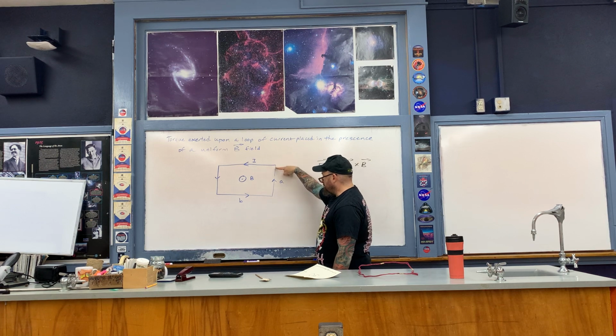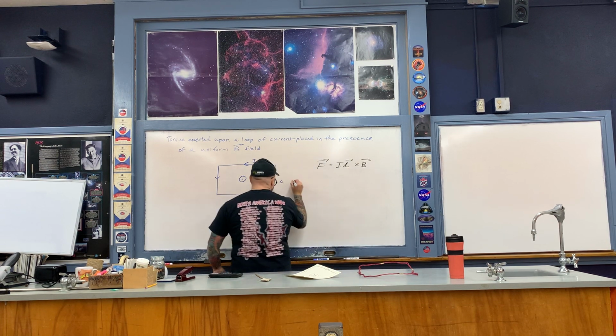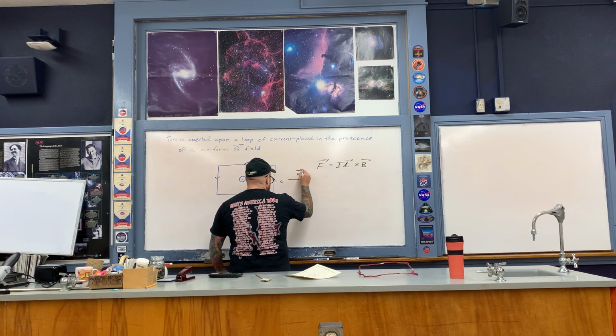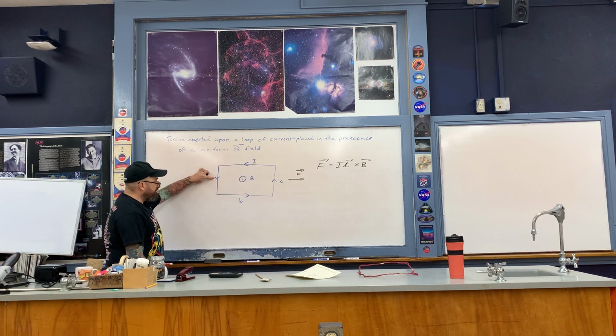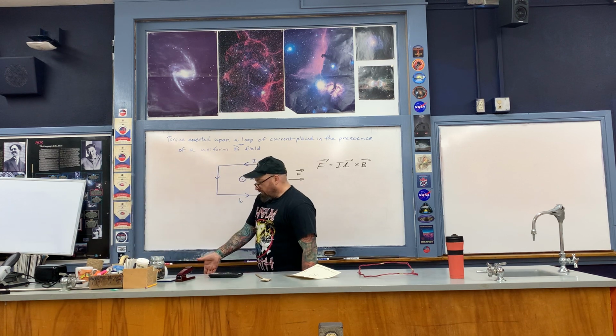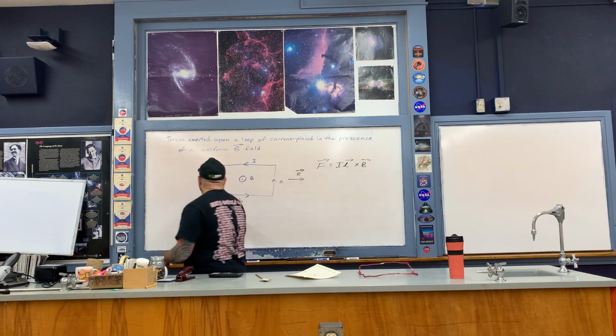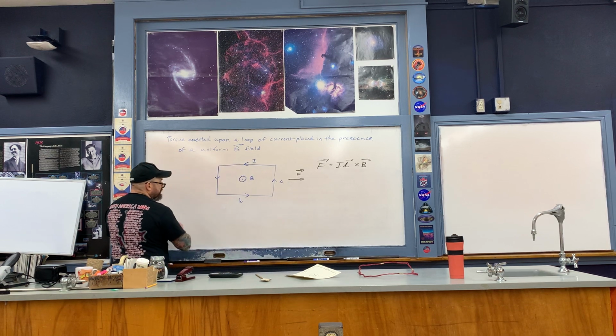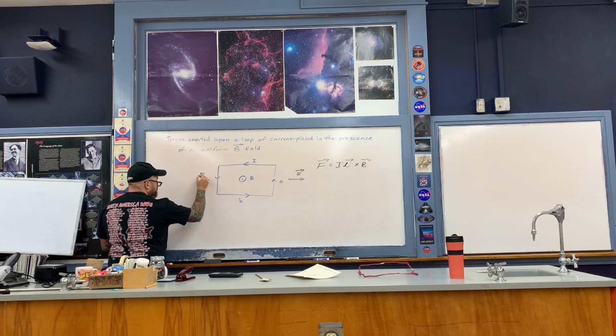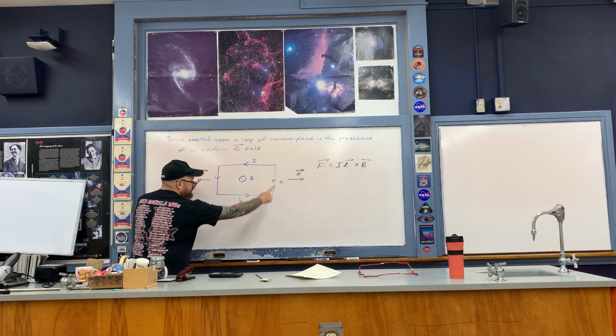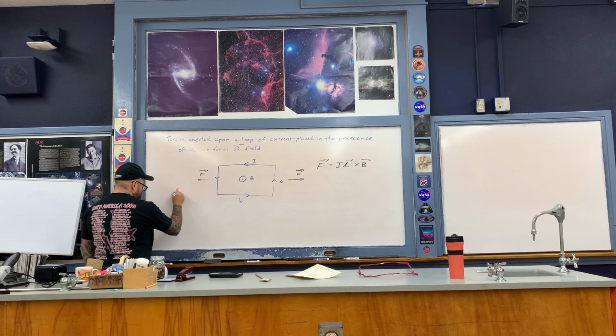That force is applied equally at all points along this leg of the loop. Similarly for this side of the rectangle, IL cross B gives us a force vector to the left-hand side. Once again, it's applied equally at all portions along this segment. These two forces just cancel each other out.